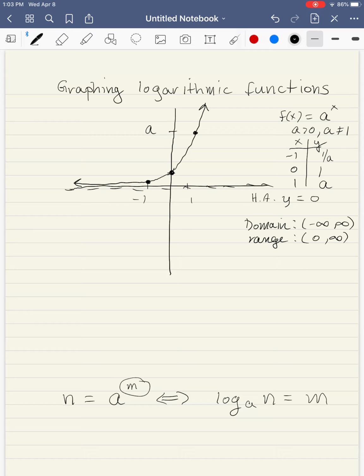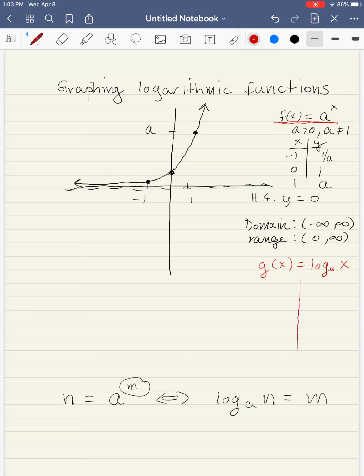So the logarithm is equal to the exponent. That tells us that if we have the function g of x, which is equal to the logarithm base a of x, it's going to be the inverse of this function. It's saying, what power would I take a to get x?